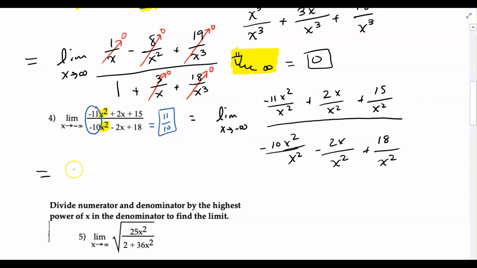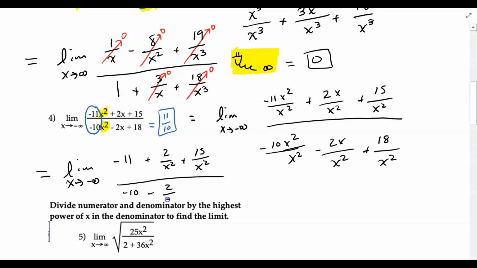Again, you use the rules of algebra. Very time-consuming work, if you ask me. If you figured out the mnemonic already, you probably have stopped watching the video. Negative 11 plus 2 over x plus 15 over x squared, divided by negative 10 minus 2 over x plus 18 over x squared.